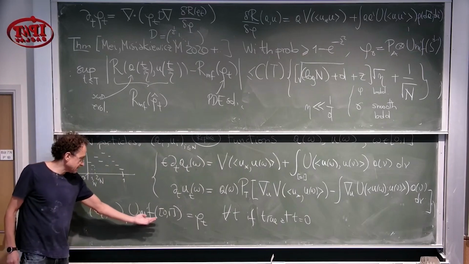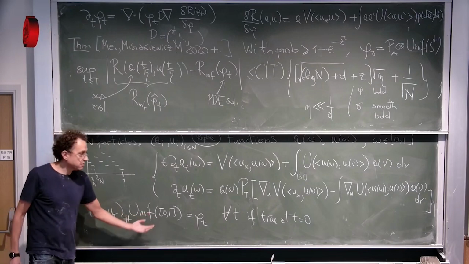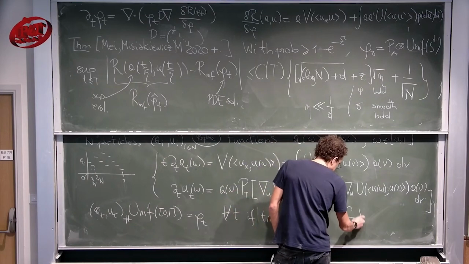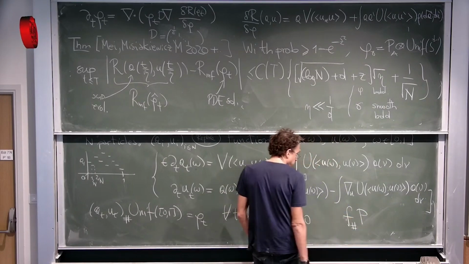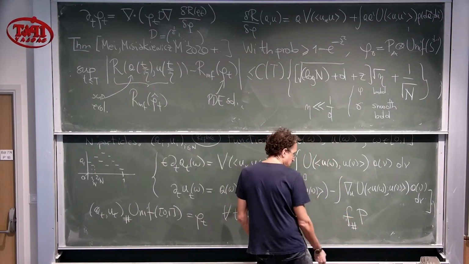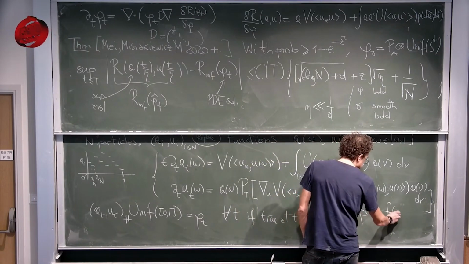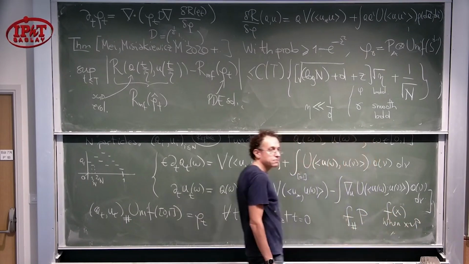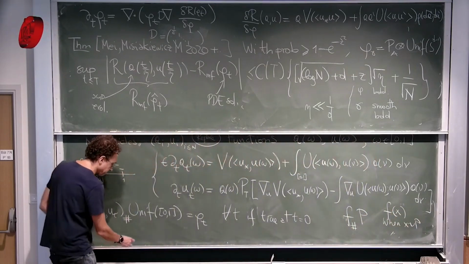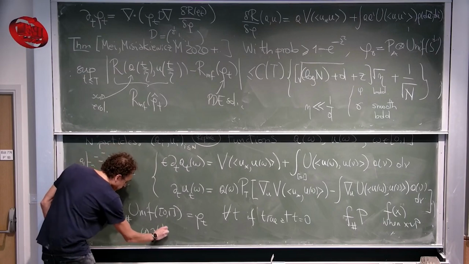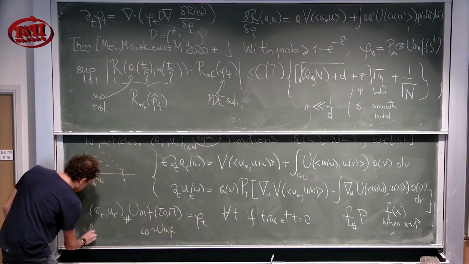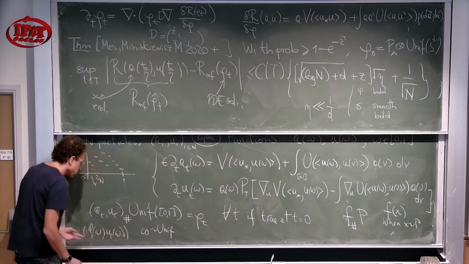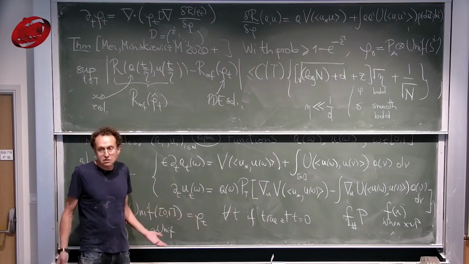If you have a function f and a probability distribution p, the push forward of p under f is just the distribution of f(x) when x is distributed as p. So very simply, take omega uniform on the interval [0,1], and take a_t(omega), u_t(omega), which will be distributed as rho_t.